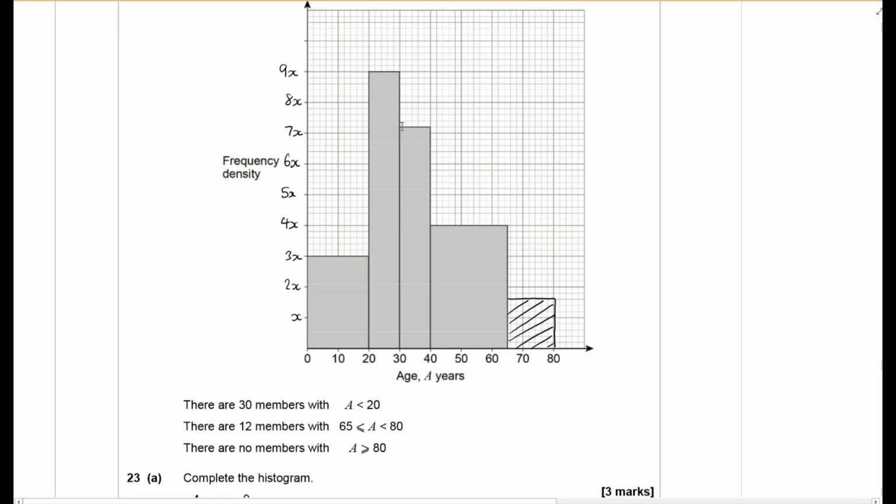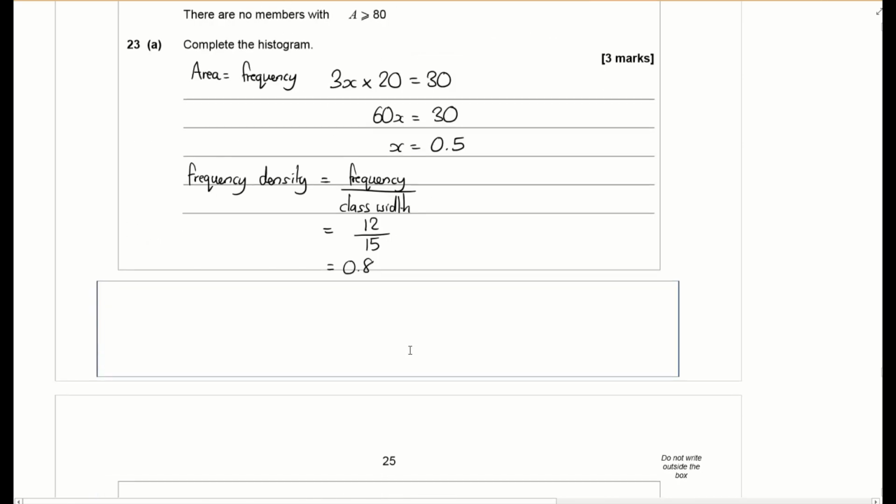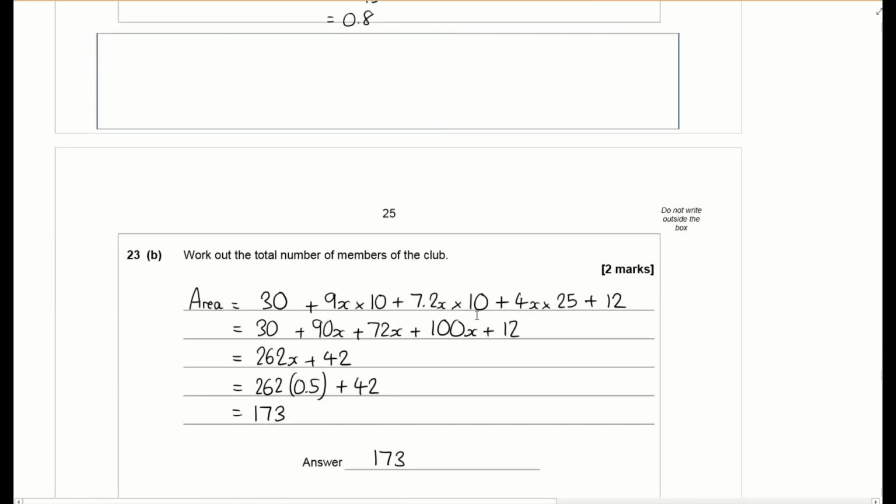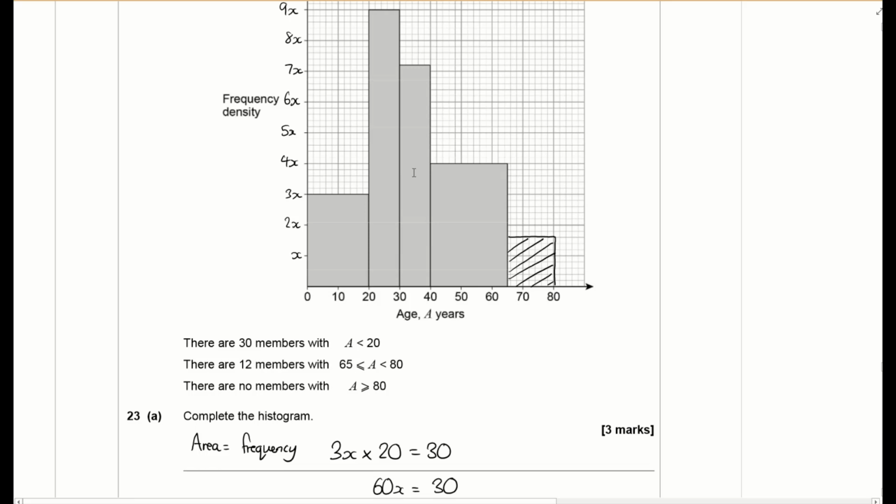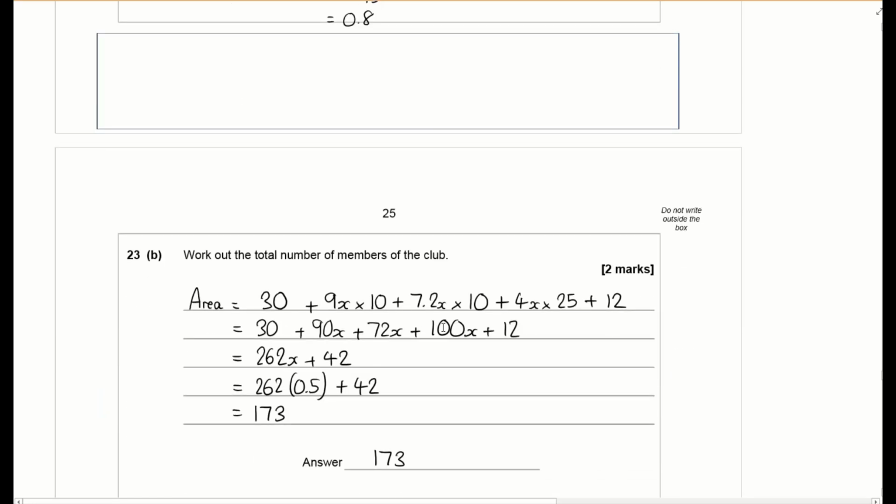Plus, note that's 7.2x just there, that's not on 7, it's one square up, so that will be 7.2x, and then that will be multiplied by 10. Then we have this rectangle, which is 4x, which will be multiplied by 25, and then we can add all those together, and because we already know what x is, we can substitute that into our expression to get the overall area.